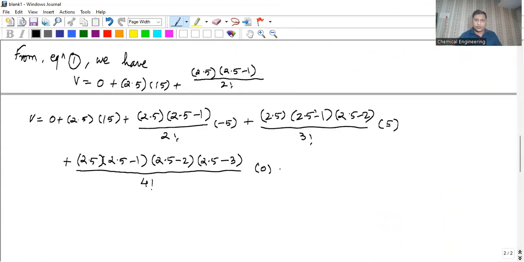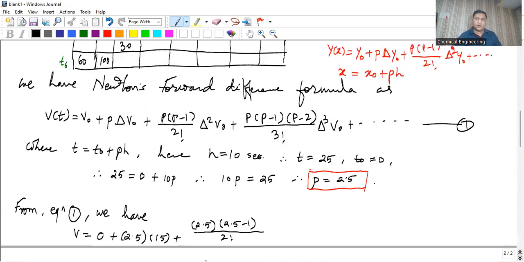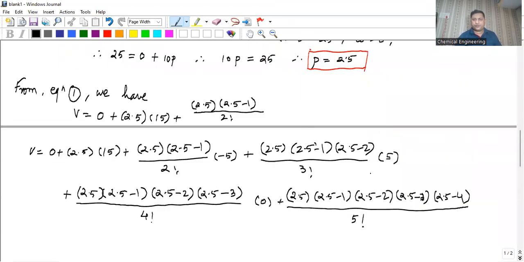So this term is going to be 0. Plus we have 2.5, 2.5 minus 1, 2.5 minus 2, 2.5 minus 3, and 2.5 minus 4, by 5 factorial, and we want delta raised to 5, so it is minus 5.